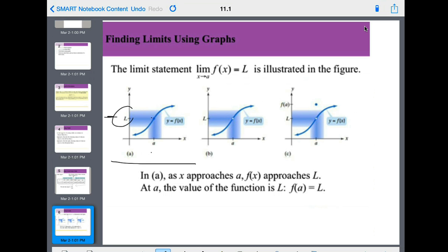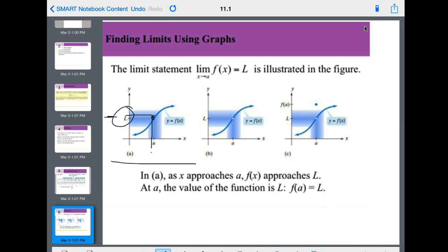At x equals a, the value of the function is L, f of a is L. So what they're saying here is this: as my x coordinate gets closer to a, my y coordinate gets closer to L, and it could be the same value. From the right it equals this value, from the left it equals this value.